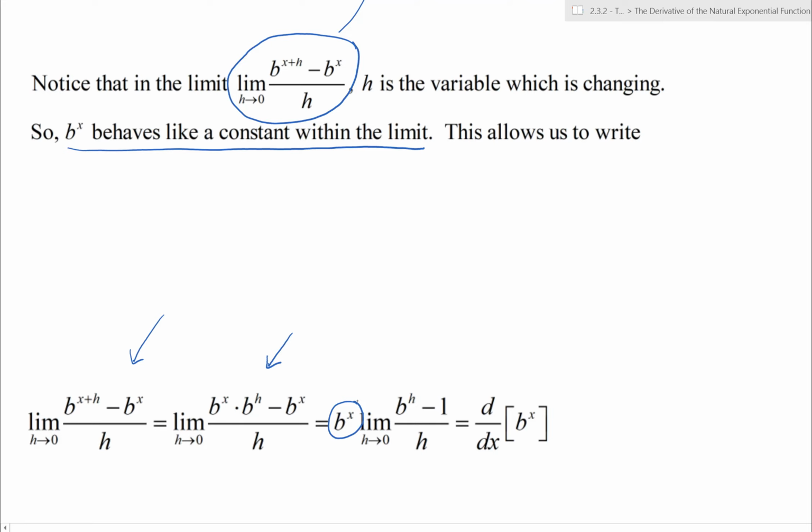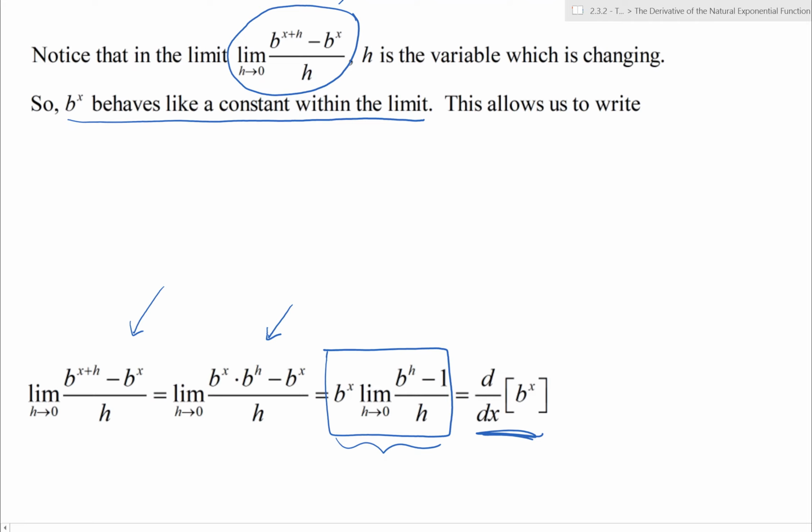Again, because that is behaving like a constant within the limit. So I can rewrite this limit as b to the x times the limit as h goes to 0 of b to the h minus 1 over h. So all of that is the derivative of the exponential function b to the x, right? That's what this is. Just rewriting it in this form right there.